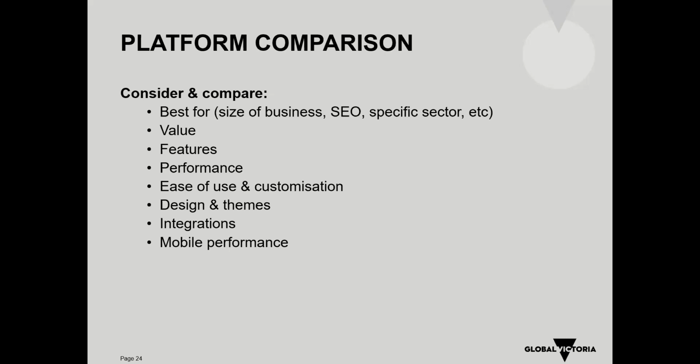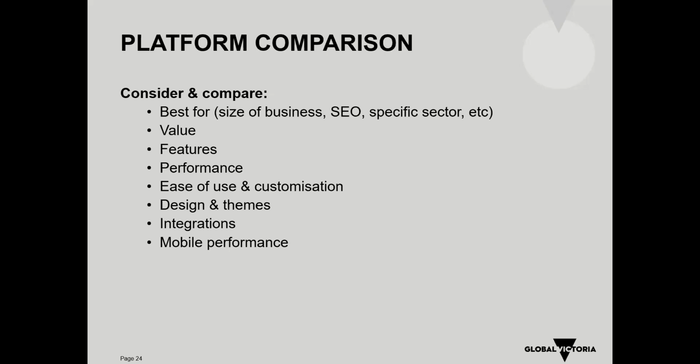Value for money is very important. You might have a site that on the surface is actually quite cheap, but once you start delving into that platform and you realize that you have to pay extra for apps, you have to pay extra for certain customization, etc., a cheap site can very easily turn into a very expensive one.